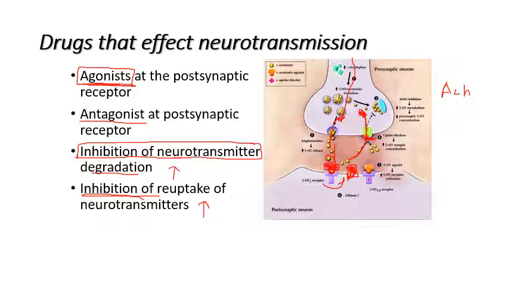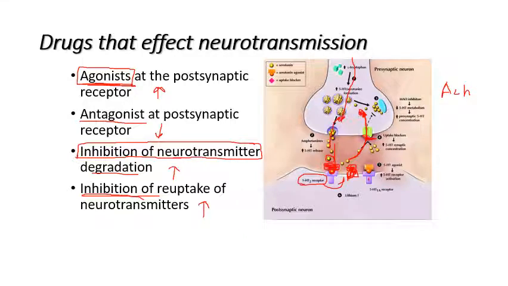An antagonist, though, would decrease it, and an agonist would mimic the neurotransmitter, so it would also increase the signaling. We have these different subtypes, and what the drug companies are doing is finding drugs that are more and more specific. Instead of blocking multiple serotonin receptors, they can find drugs that block just the 5-HT2 receptor.